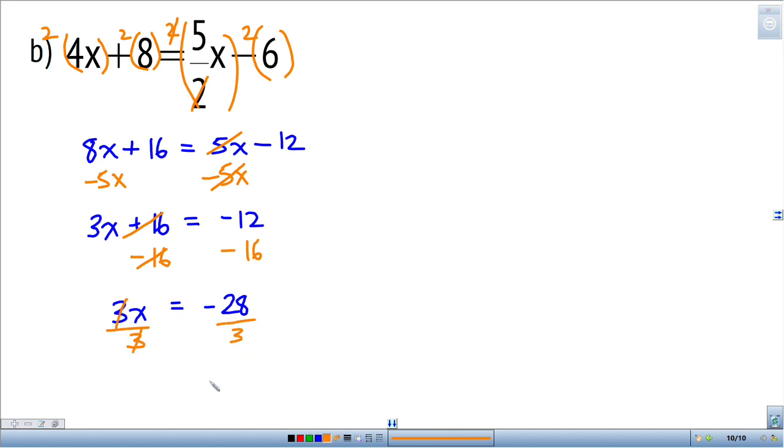So the 3's will divide out. X is equal to, and that's not going to divide evenly, so we will leave it as a fraction of -28/3.